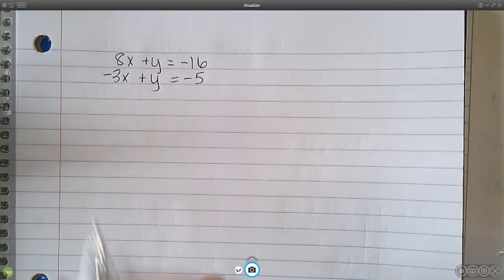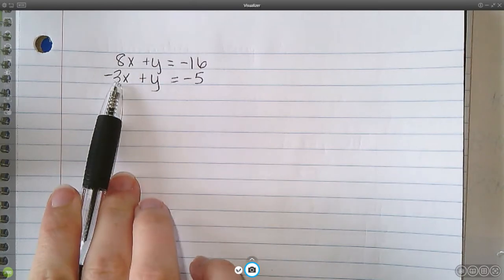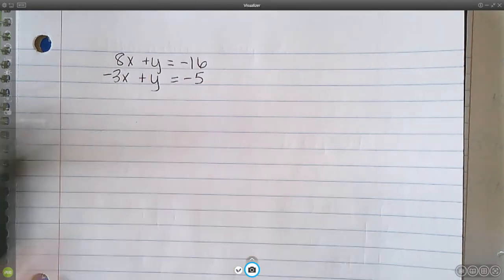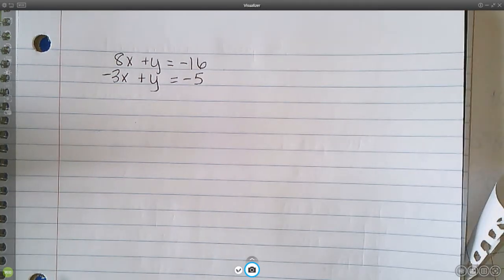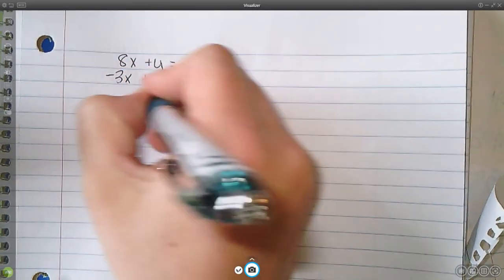All right, so these two things are not even close to the same. These two are exactly the same, but they have the same sign. So when they have the same sign, you have to subtract.